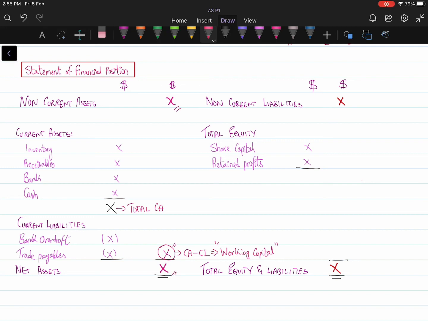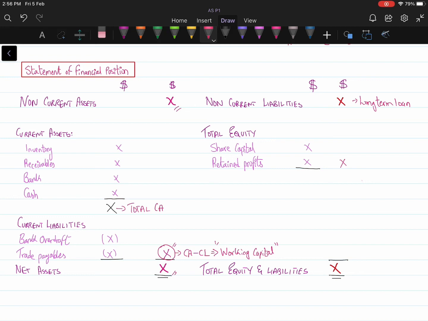Now, this is one side of the SOFP. The other side would include the money that you have earned or that you have raised, primarily being from non-current liabilities, which would include the long-term loans. And the non-current liabilities would represent the liability part in the accounting equation, followed by the capital. And the capital would include the share capital, the money that you've raised from your shareholders, and also any retained profits.